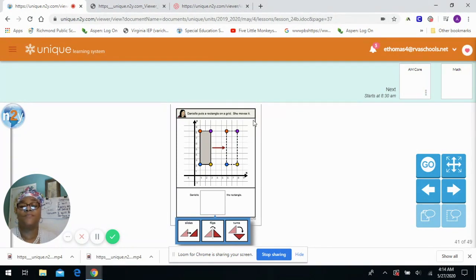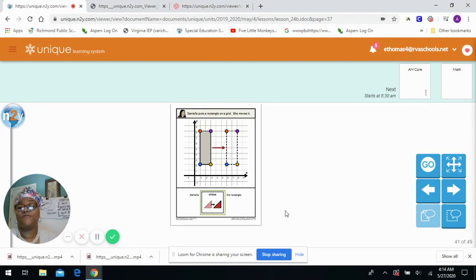She moves it. Okay, so what does she do to it? So is she sliding it, flipping it, or turning it? Okay, remember, when you flip it over a grid, it's flipped. So let's see, is it slides? Very good.